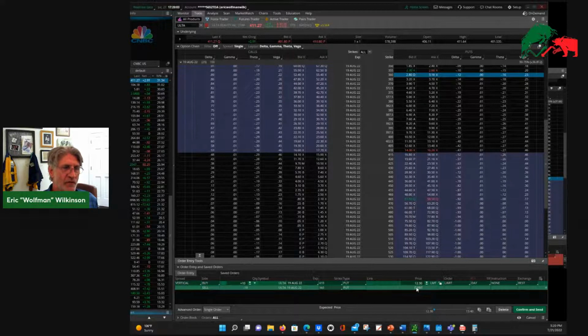It's going to increase in value. These long puts are going to really increase in value. These short puts are going to increase in value, but not as much. And once it gets down to that 360 area, this will be worth $50 because the width of the spread is worth $50. I paid $12. It's worth $58. I make that difference, which is $38.